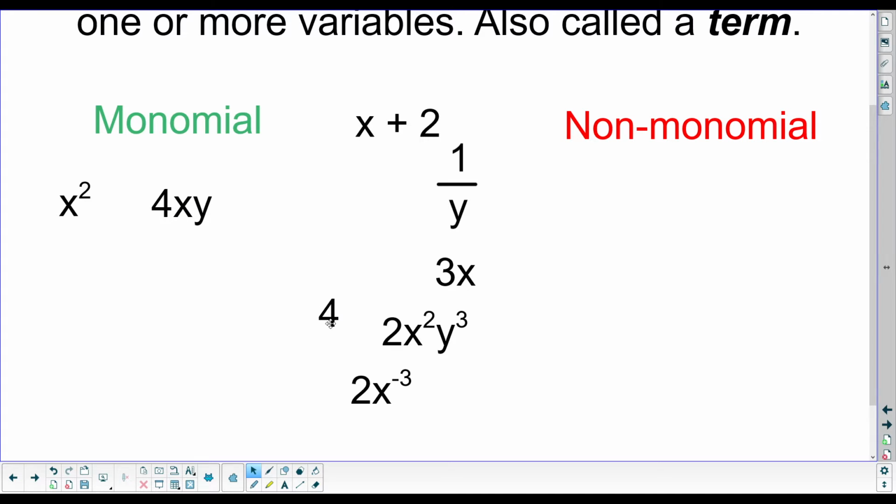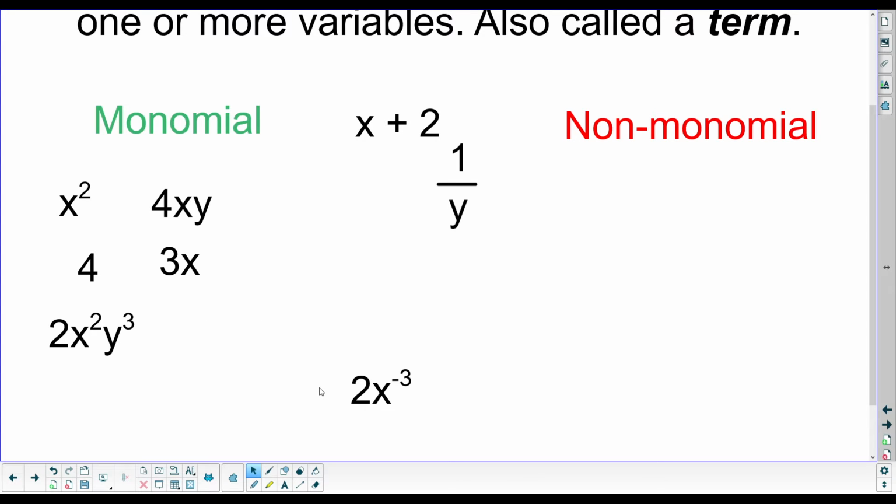The number 4, just the number 4, also considered a monomial. 3x, the product of 3 and x, monomial. The product of 2 and x and x and y and y and y, 2x squared times 3y cubed, also a monomial.